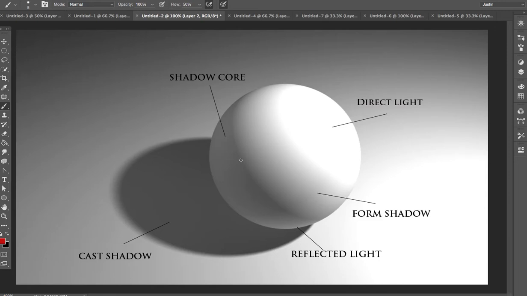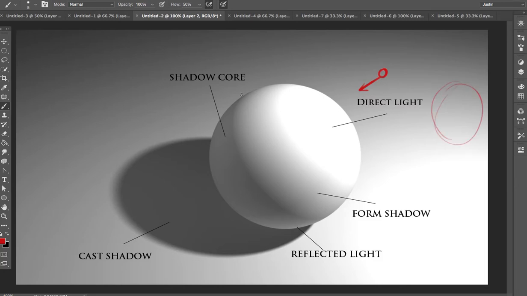Think of this as the sunset, right? Imagine over here is where the light is hitting. The sun is over here. You can think of it as a large sun, whatever it might be.